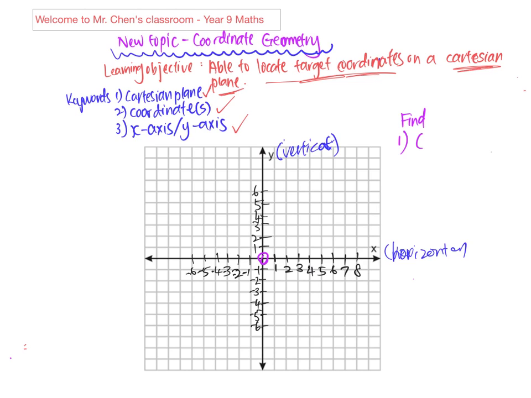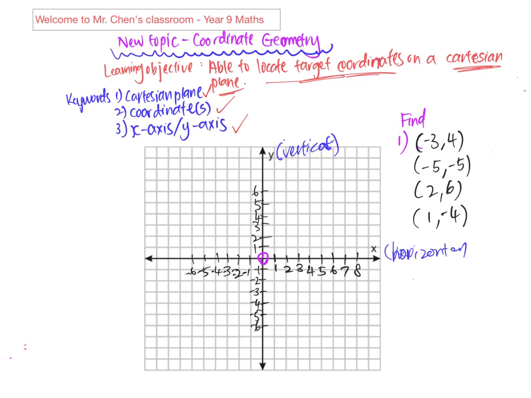So I would like you to draw the coordinates for this: negative 3, 4. The second one is negative 5, negative 5. The third one is 2 and 6. And the last one is 1 and negative 4.